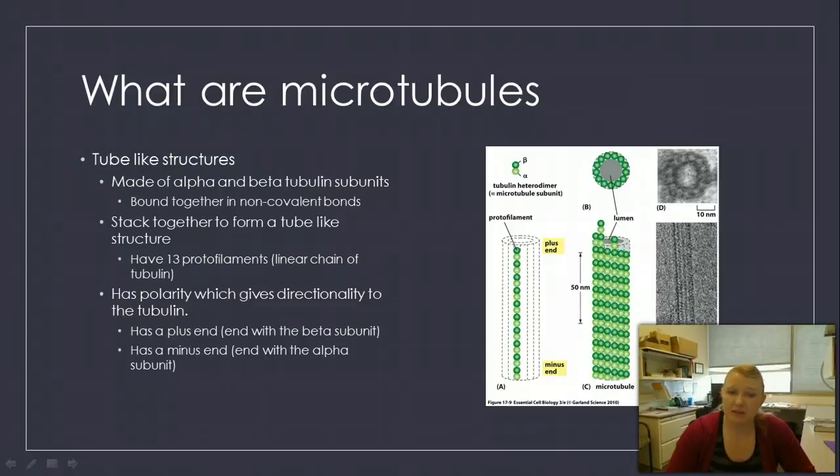When the beta subunit is exposed, that's called the plus end. Don't worry too much about what that means quite yet. You're going to see that in a second. Just know there's a plus and a minus end, the plus end is when it ends in a beta subunit, and the alpha end is the minus end. And we have these protofilaments that stack together to form these tube-like structures.